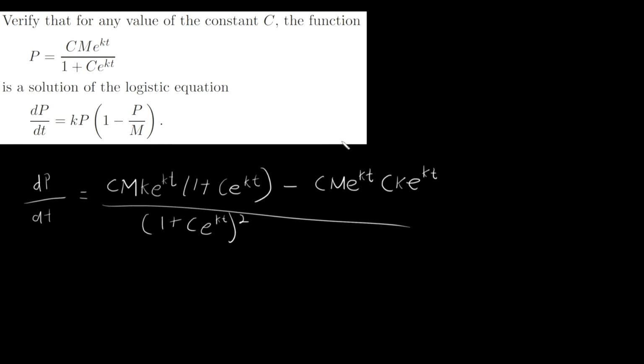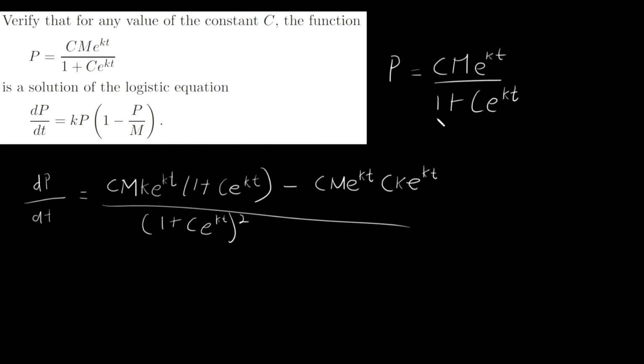Now what we've got to do is factor out. The key to solving this is to get things in terms of itself. We want to get this in terms of itself. So we note that P equals cMe^(kt) over 1 plus ce^(kt).